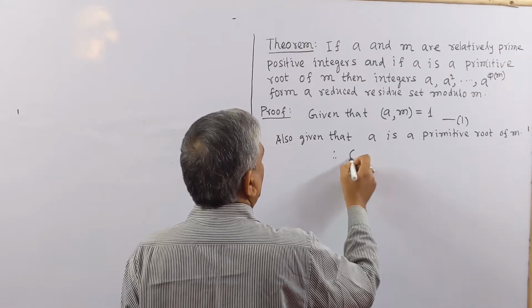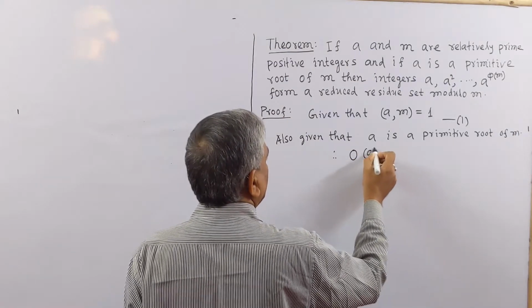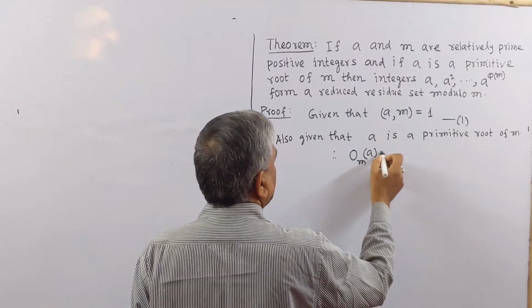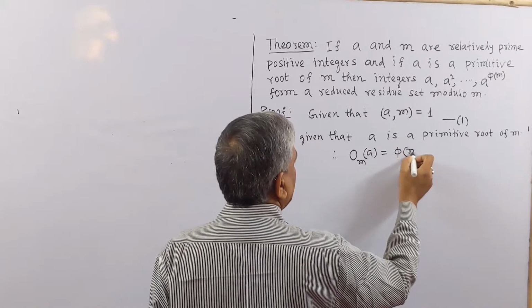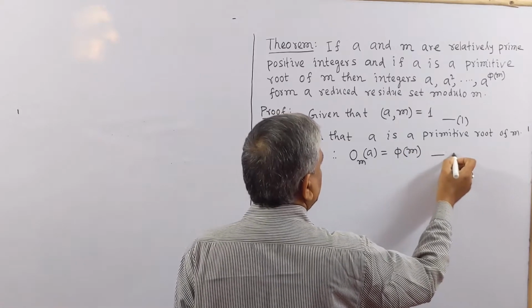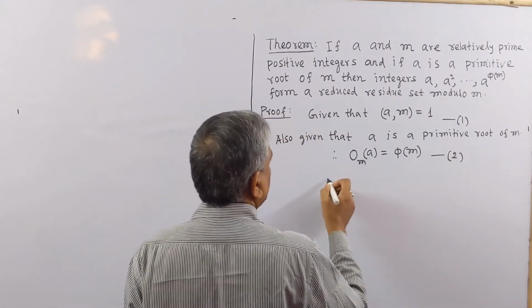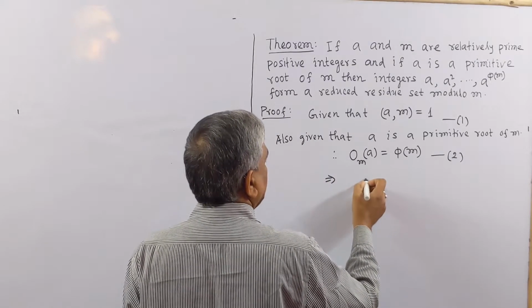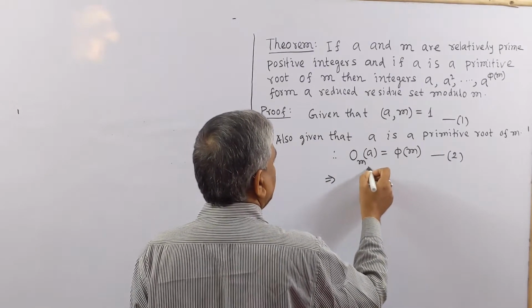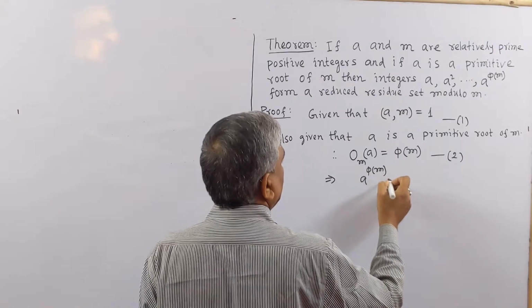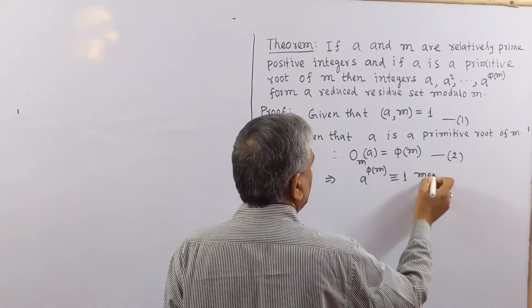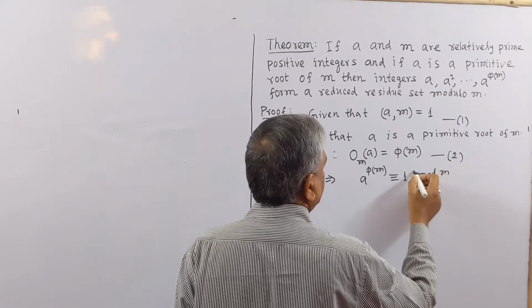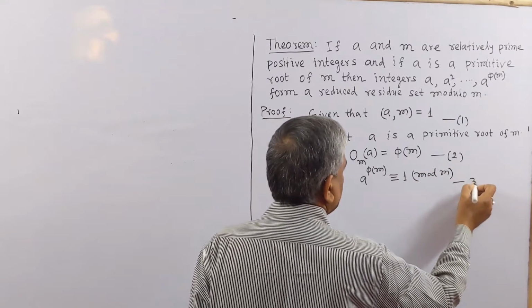Therefore, order of a modulo m equal to Euler's phi function of m. This is number 2. Implies that a to the power phi m is congruent to 1 modulo m. This is number 3.